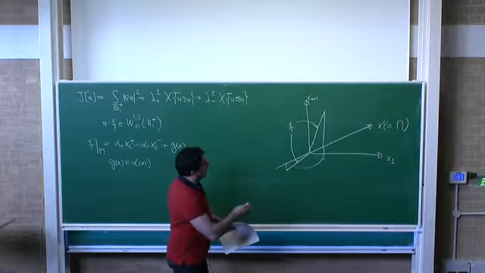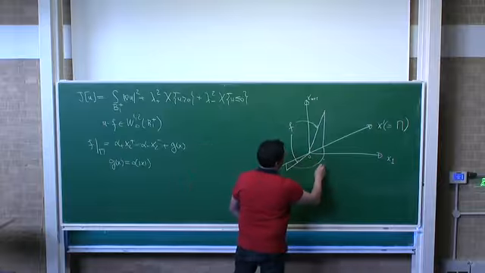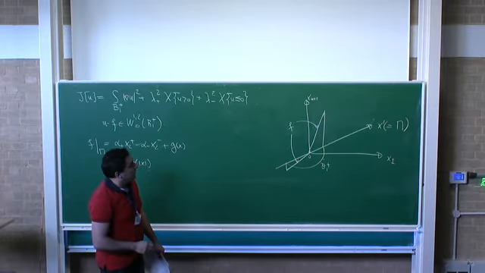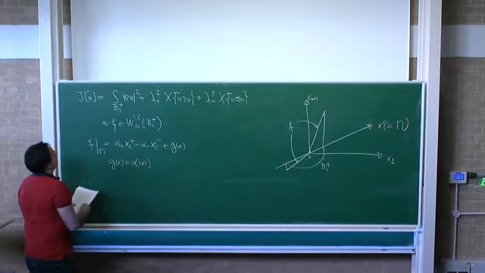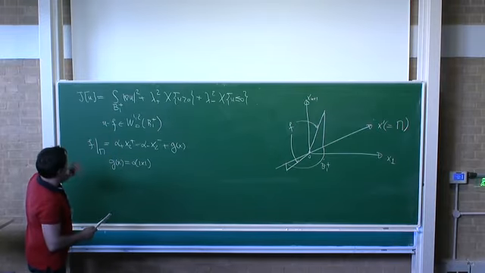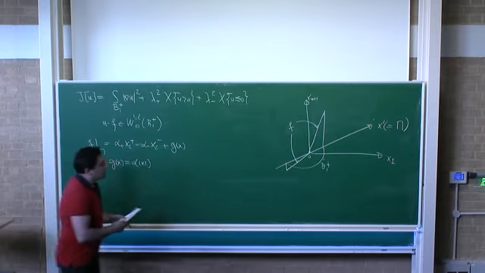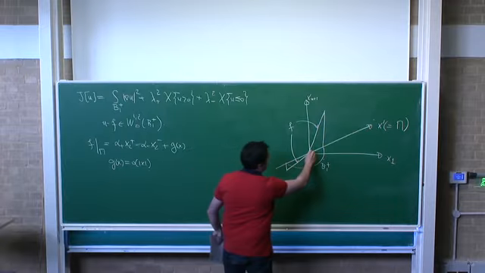It's like a piecewise linear function. This is the origin, and this is, say, b1 plus. Then we're trying to find local minimizers of this problem subject to this boundary condition, and we're interested in what happens to the free boundary near this origin.